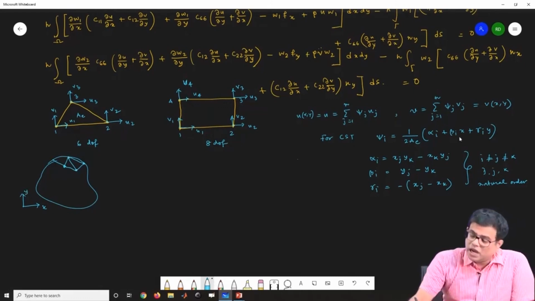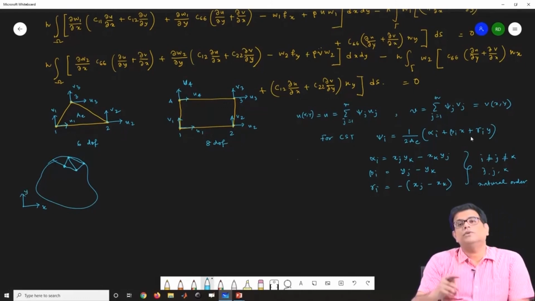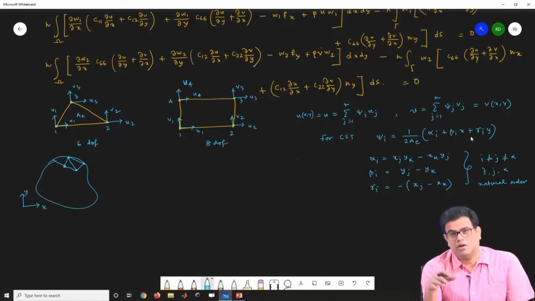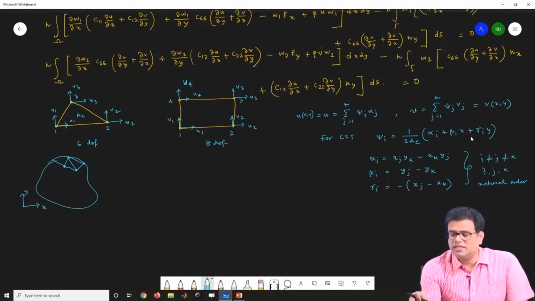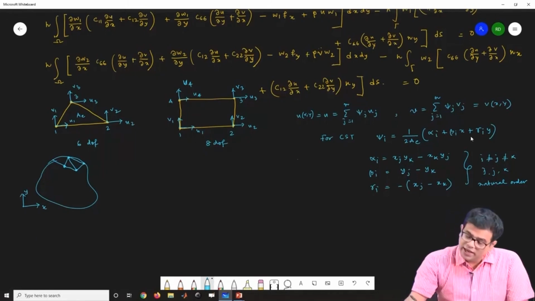So alpha 1, alpha 2, alpha 3, beta 1, beta 2, beta 3, everything I know from the discretization, because it depends entirely on the coordinates of the nodes. So the only variables are x and y, and psi I is a function of x and y.